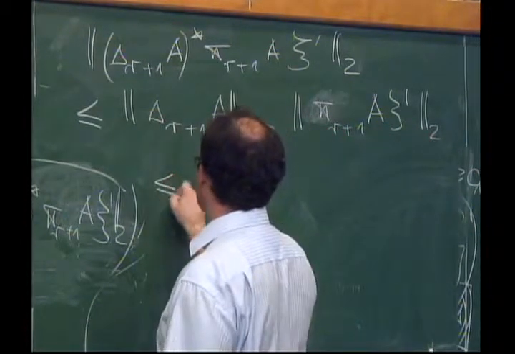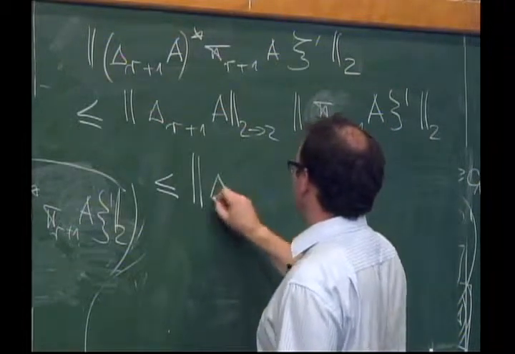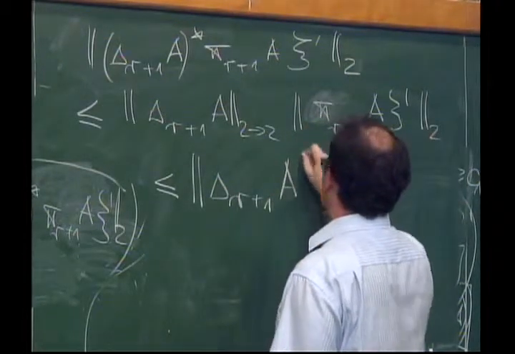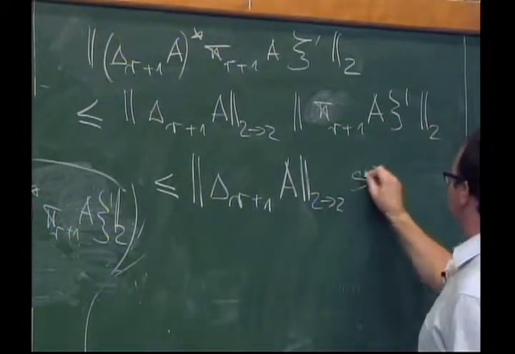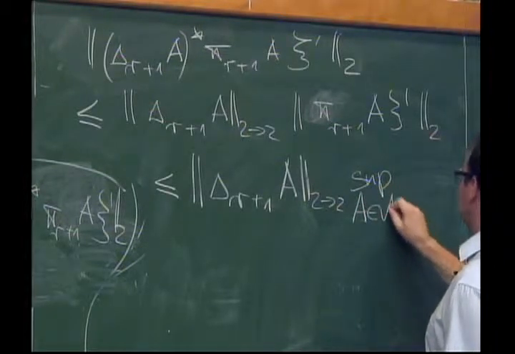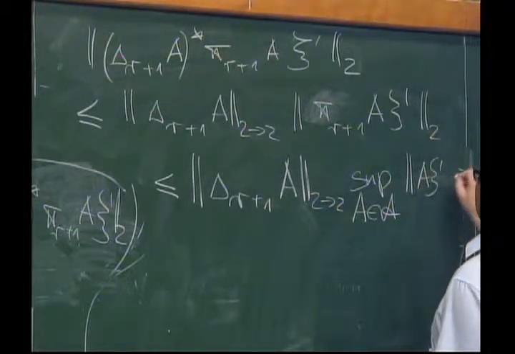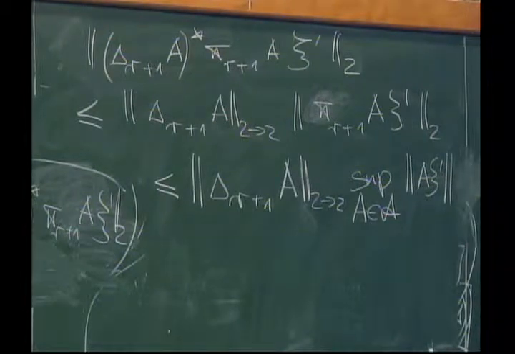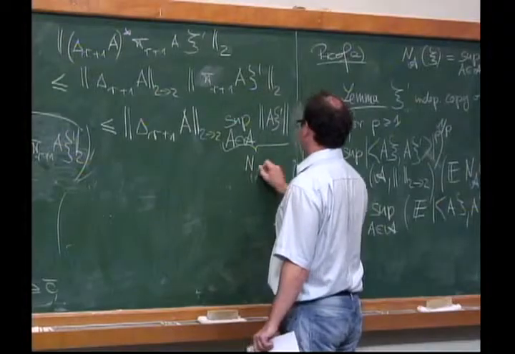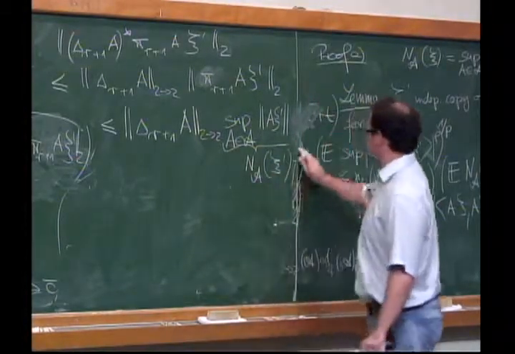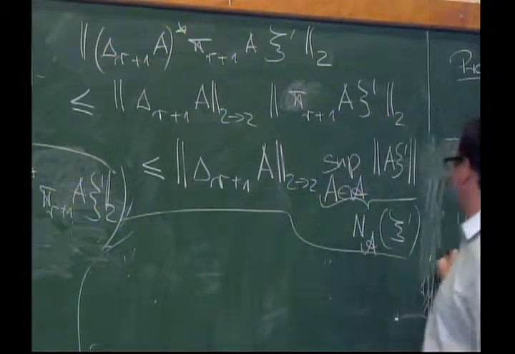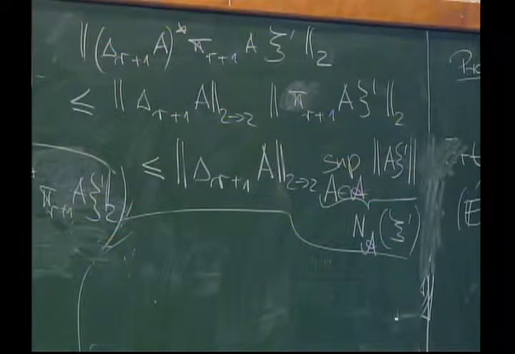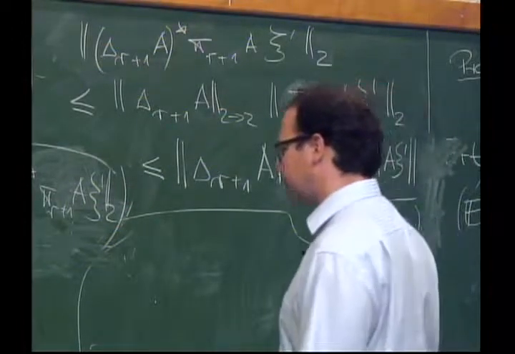And here we can simply take the supremum over all matrices, and this is actually this quantity n A xi prime. Okay, so we still need to reproduce the gamma 2 functional, but we are almost there.